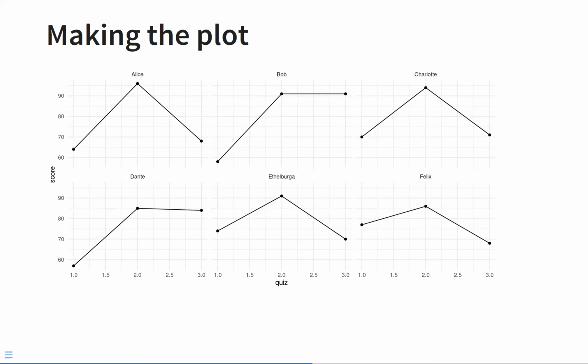And here it is. It's not that exciting, but it's a time series plot for each student showing their quiz performance over time. Quiz 1, quiz 2, and quiz 3. There are other ways that you could have tried to make a plot like this, but this is probably the easiest. So when you're thinking about making a plot, or doing some other kind of operation, the first question you might ask yourself is, if I could get my data into a slightly different format, would that make my life easier?